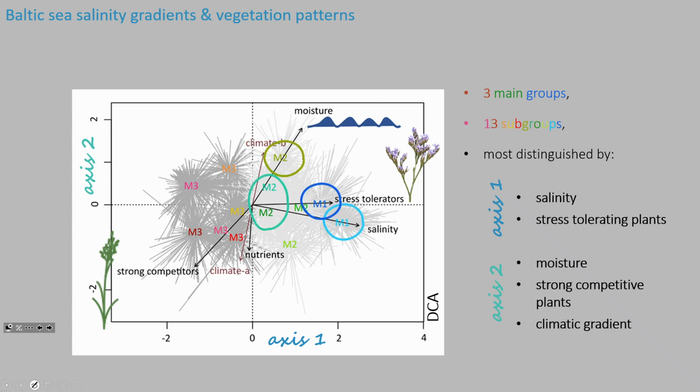And to avoid going through all those subgroups, today I just give you 4 examples where we hopefully can see those main gradients on a broad and on a local scale.